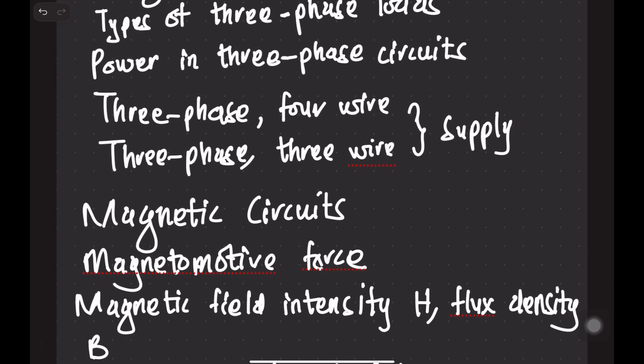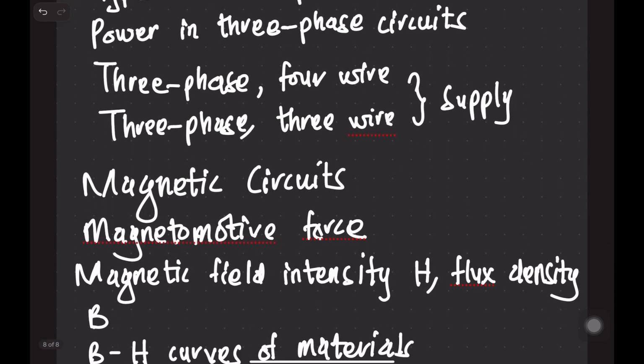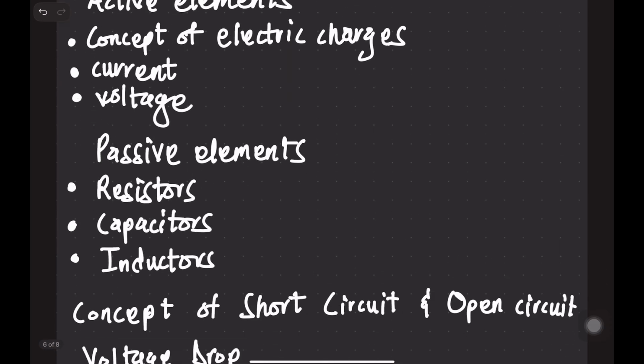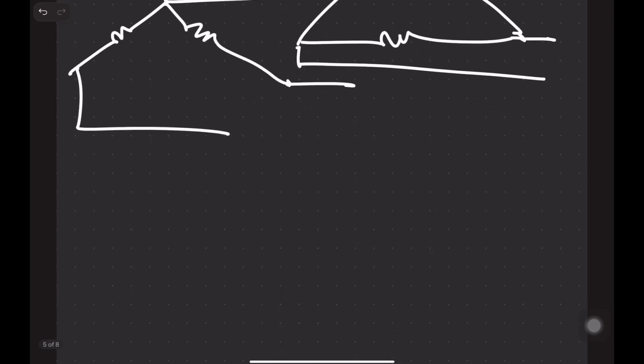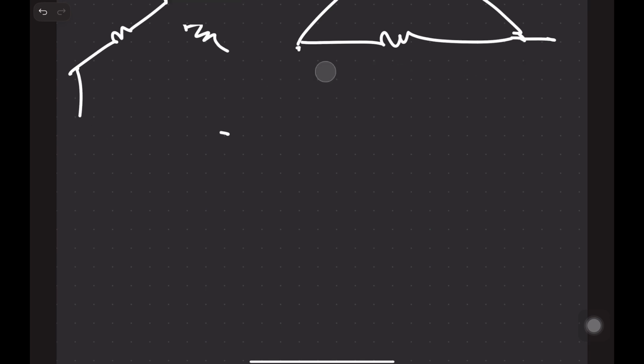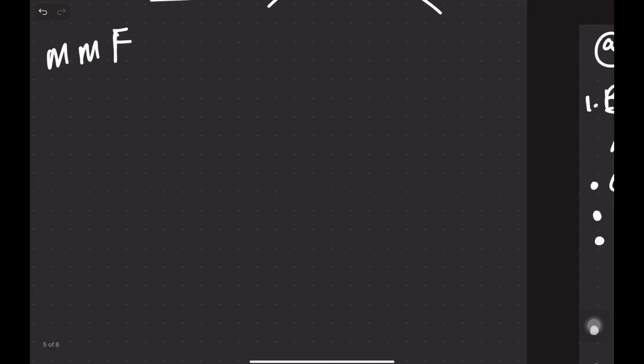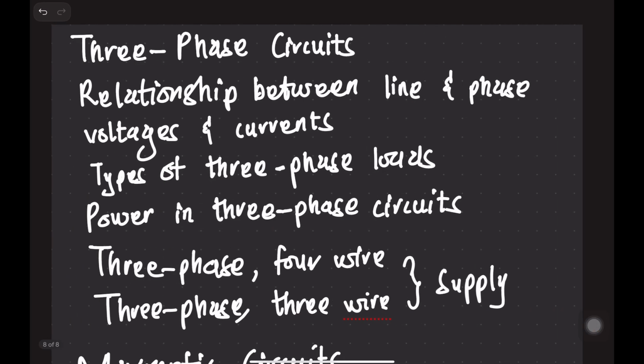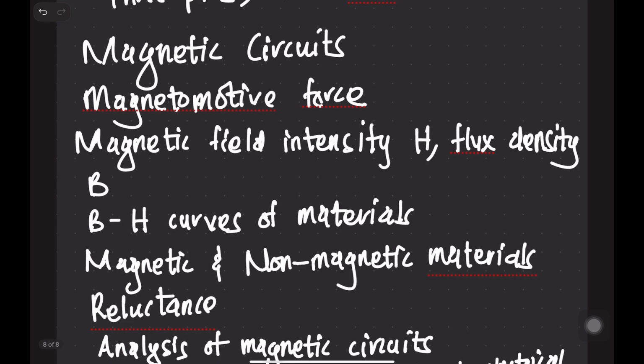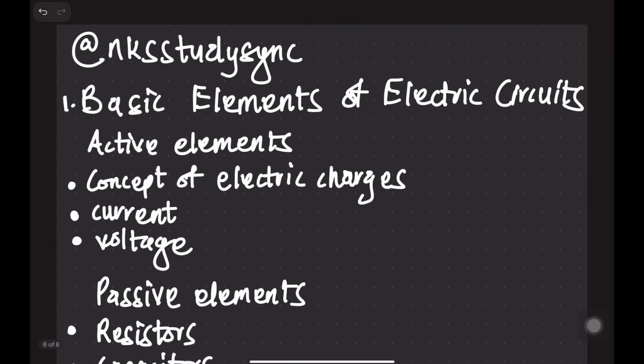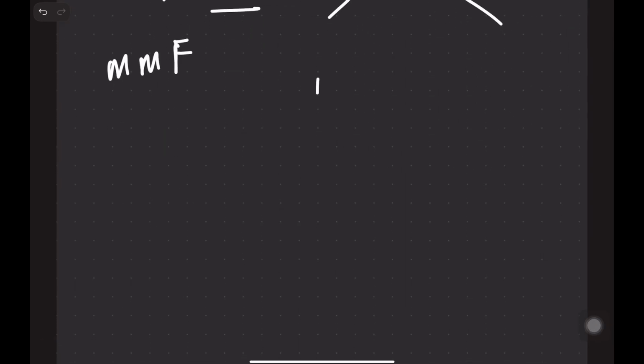Then we'd move to magnetic circuits to finish the course. Under magnetic circuits, we'll discuss magnetomotive force, usually termed MMF. We'd also discuss the BH curves of materials, usually drawn.